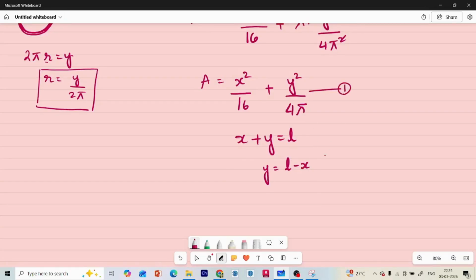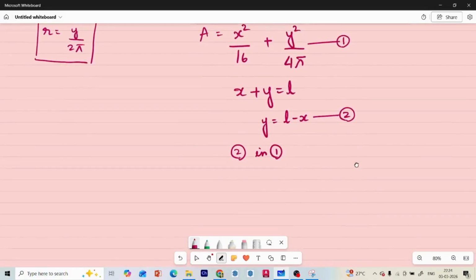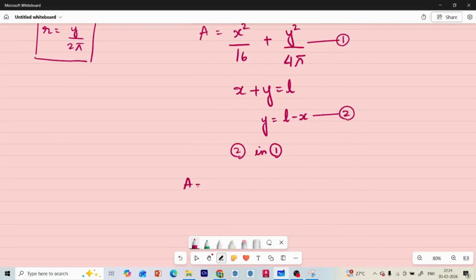Replacing y with L minus x in the area, the area is equal to x square by 16 plus L minus x whole square by 4 pi. Now this is nothing but my f of x.